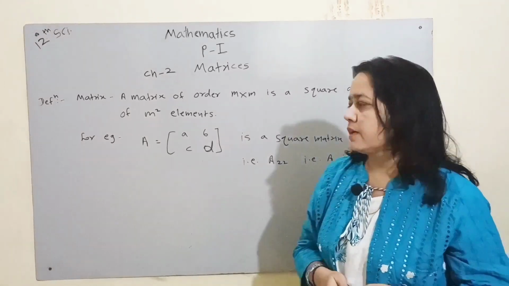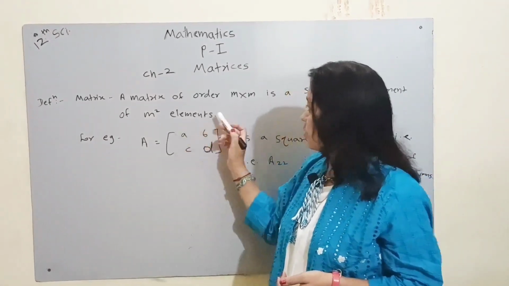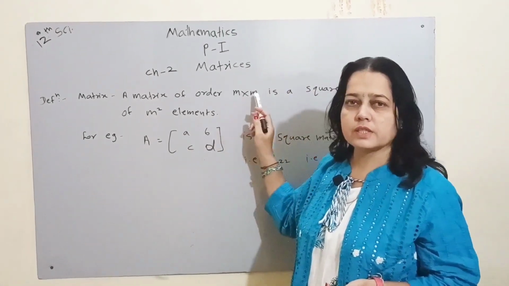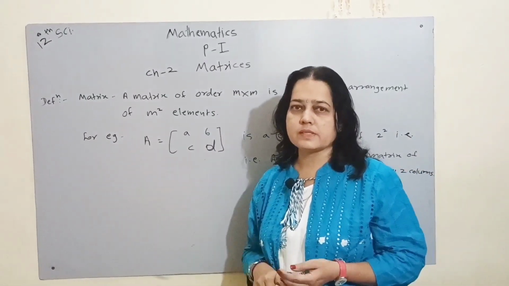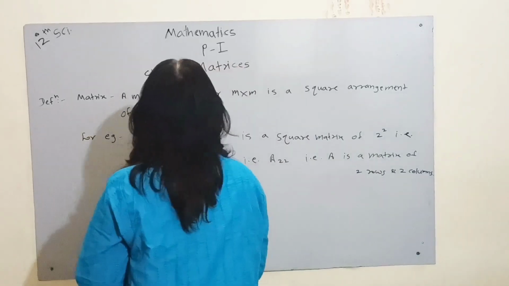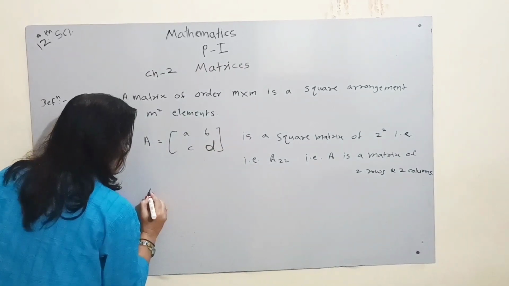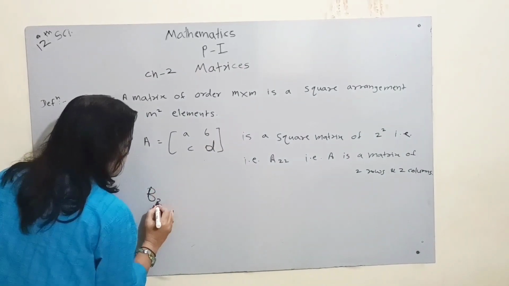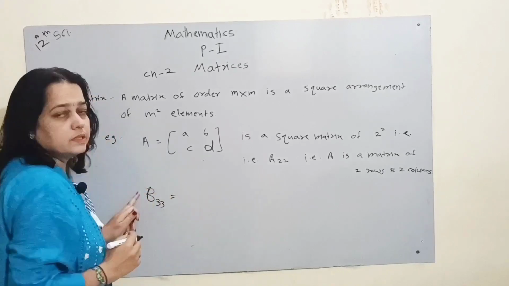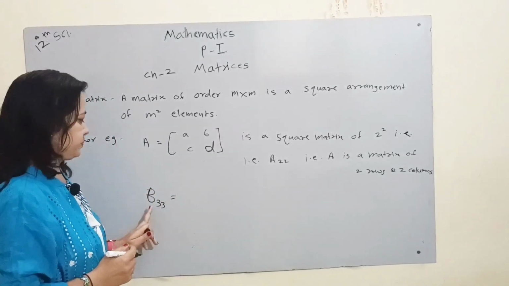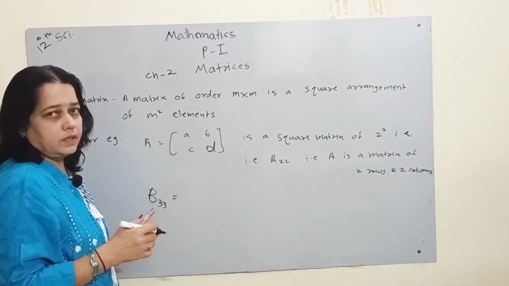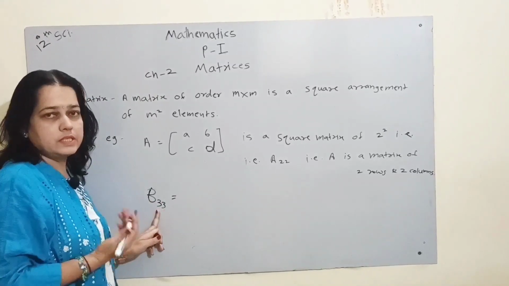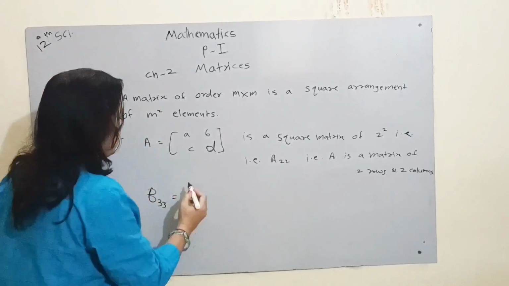If we consider another matrix of order 3 by 3, then how many elements are present in this matrix? Consider a matrix B33, that is 3 rows and 3 columns, and here elements are m square, that means 3 square, means 9 elements.